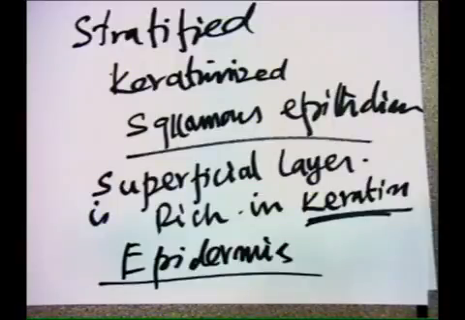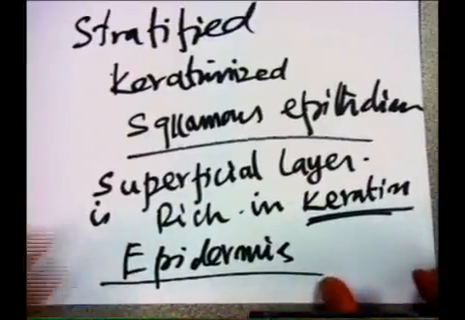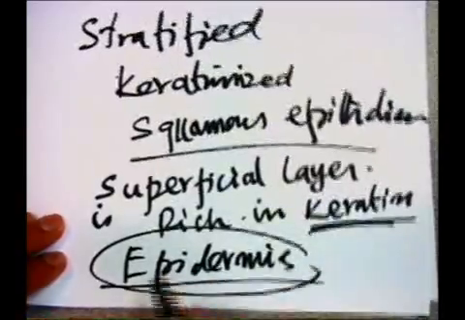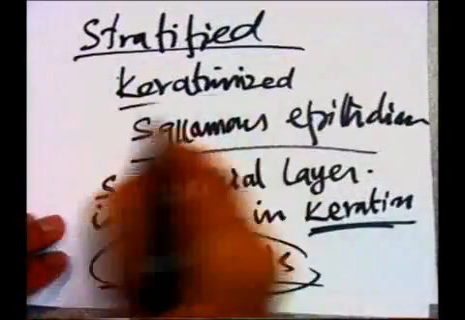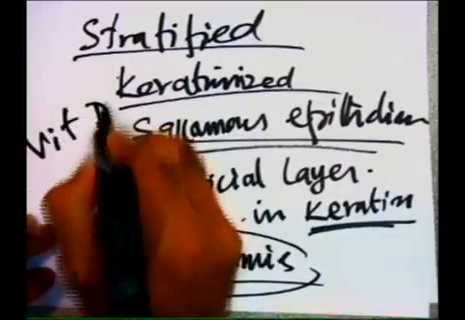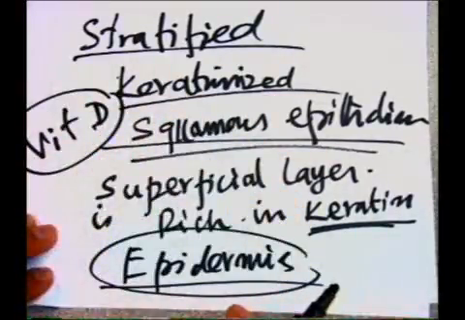It prevents dehydration, provides protection, and synthesis of vitamin D. If you take a sun bath or go to the beach and get excess sun, this epidermis layer, the stratified keratinized squamous epithelium, produces vitamin D. That's the major function.